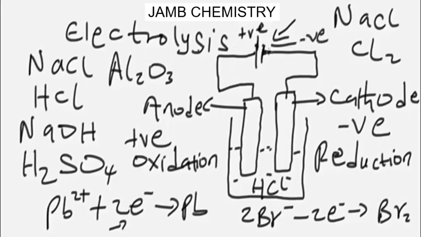This is very important. Always include the DC power supply, the battery, and label the electrodes, the anode and the cathode. Now, an electrode is a solid that conducts electricity and is submerged in the electrolyte.